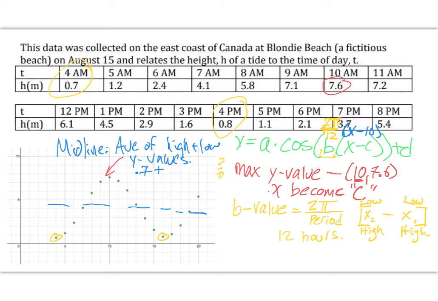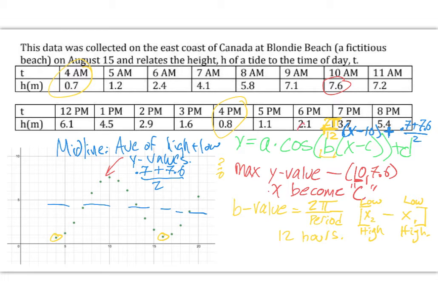The highest appears to be at 7.6. I think that's what I had written before. And divide that by 2. That's going to give me the average of the highest and lowest, which is going to be the midline for this graph. So if I were to write this as 0.7 plus 7.6 over 2, that's really helpful because I can see where that comes from and gives us a nice clean value for that.